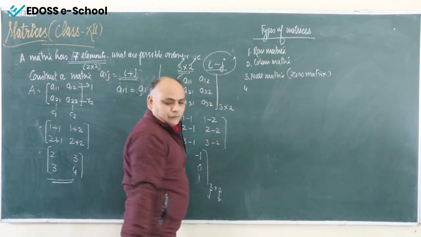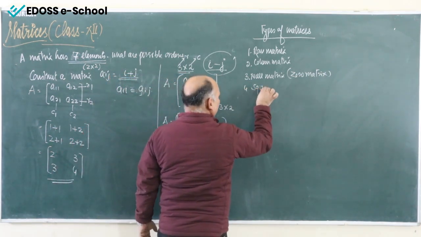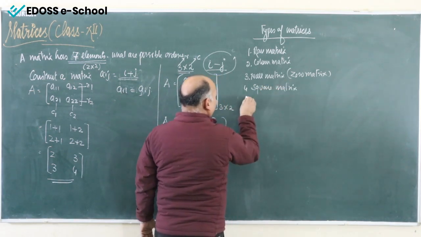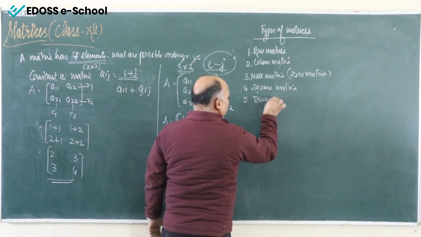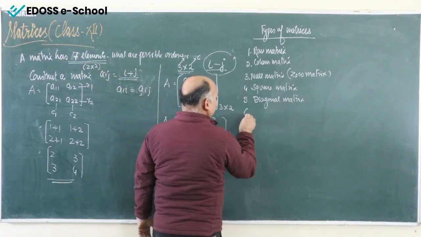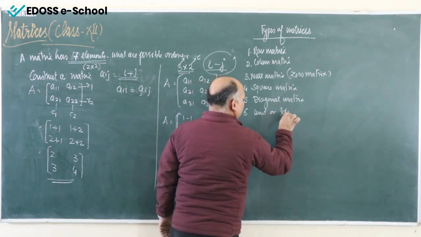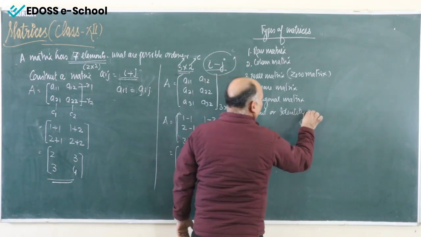Fourth, I will tell you about the square matrix. And then fifth, the diagonal matrix. And sixth, the unit or identity matrix. These are some important matrices.